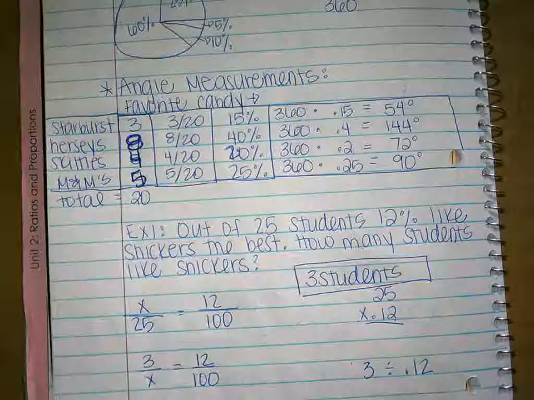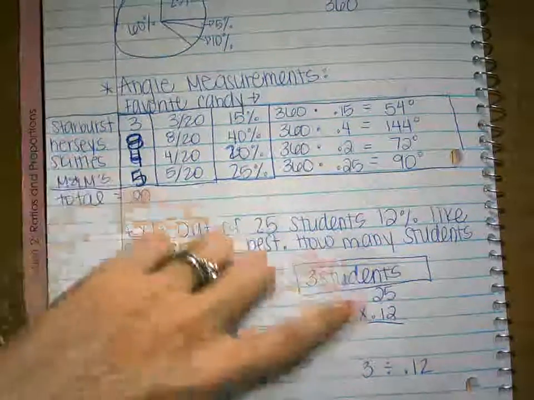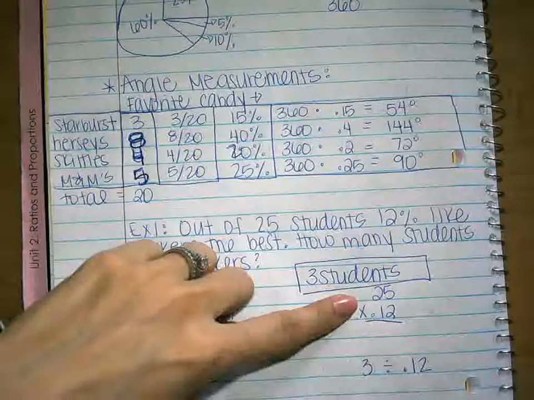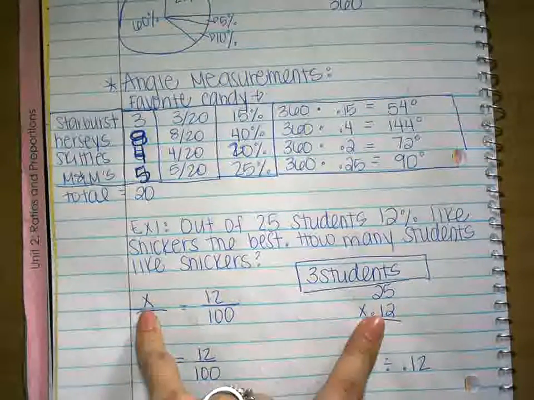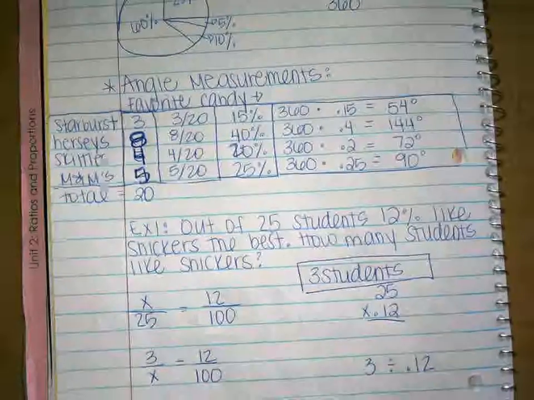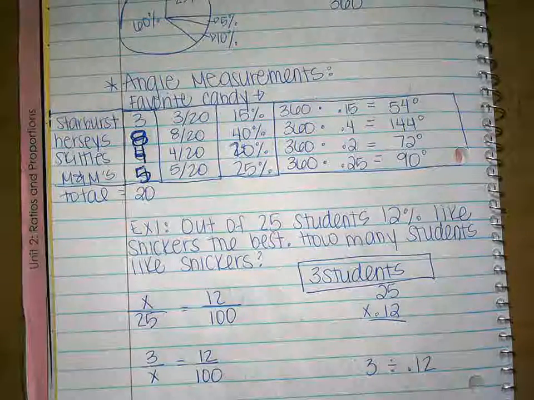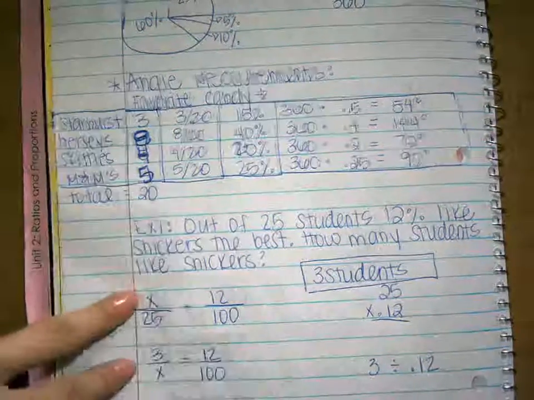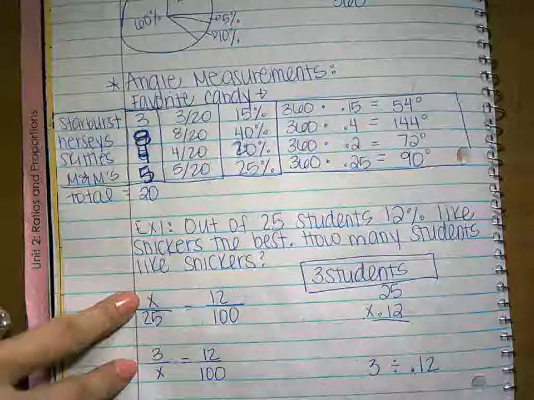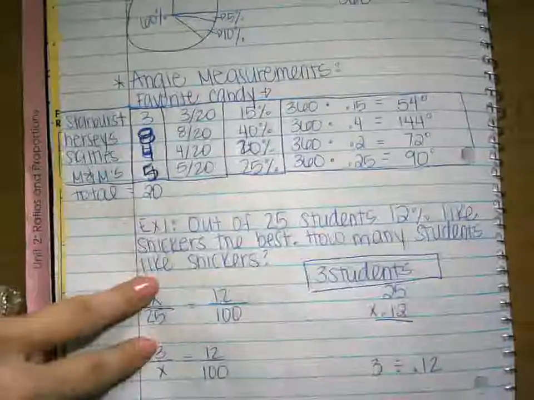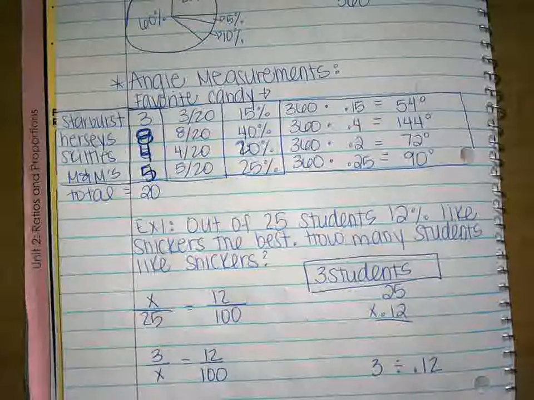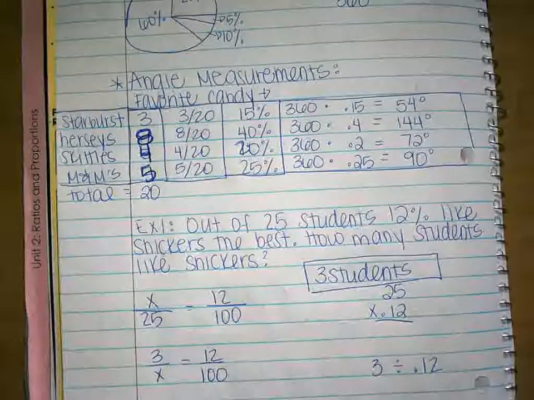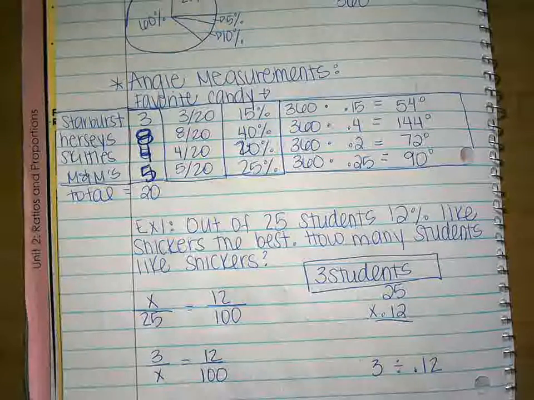So if I want my number that it is, I multiply. If I want my total, I divide. But can I set up proportions no matter what? Will the proportions always work? Absolutely. That's why I taught you the proportions, because they will always work.